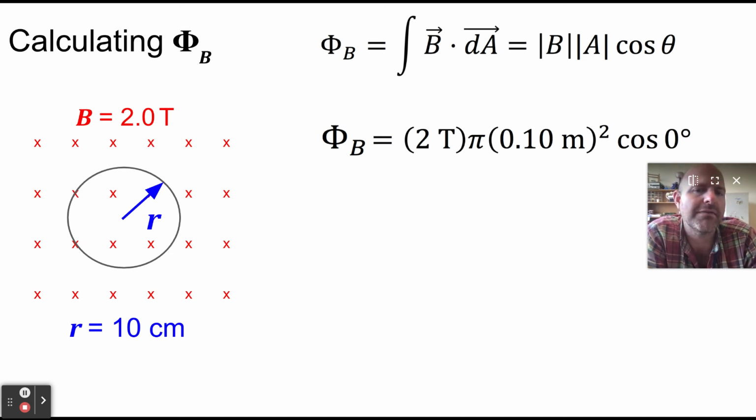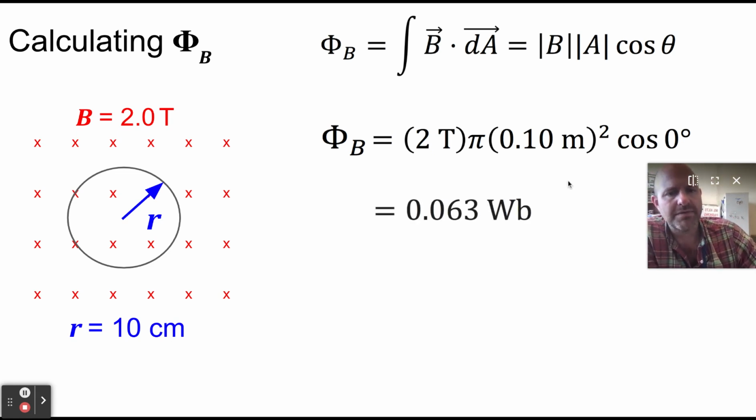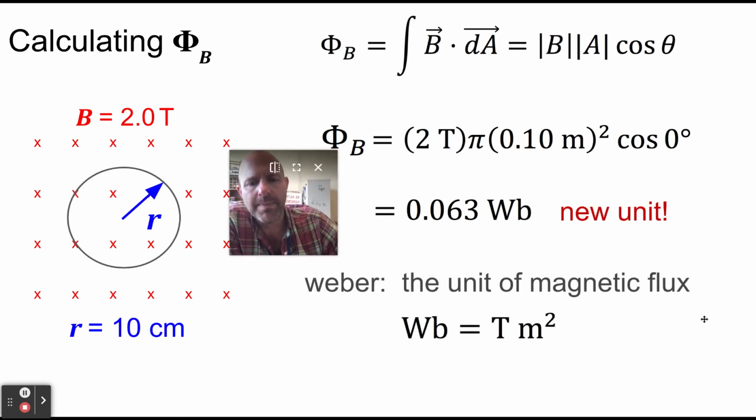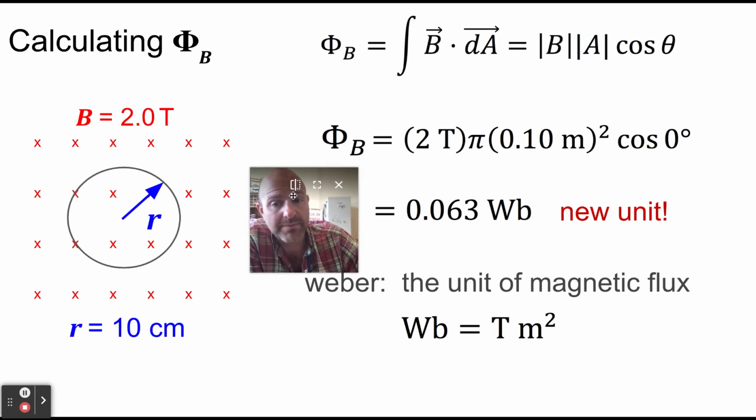So 2 Tesla of magnetic field times pi r squared times cosine of 0 gives us about 0.063 Weber. Capital W, lowercase b, is the unit. This is a Weber, the unit for magnetic flux. New unit, very exciting. And it is a Tesla times a meter squared. That's where it comes from.